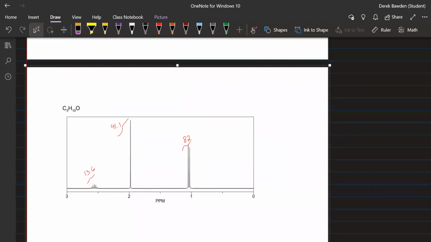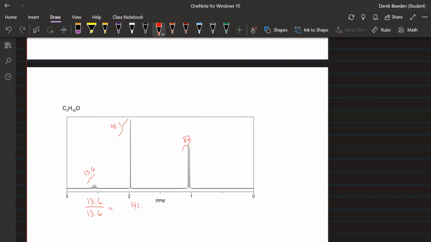All right, same process again. So we've got our chemical formula here, and we have 3 HNMR signals and the integral values. First we want to find our ratio, how many hydrogens are in each of these peaks. So again, you do 13.6 divided by the lowest integral value, which is 13.6.